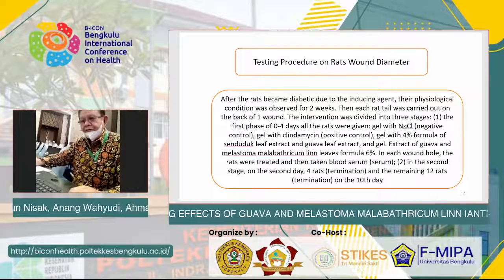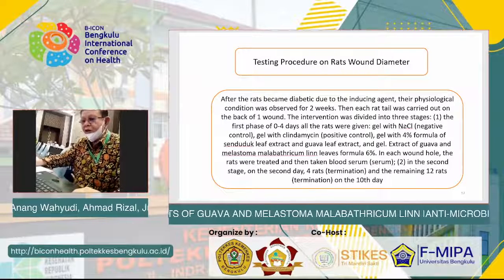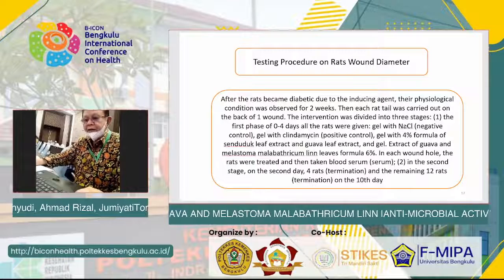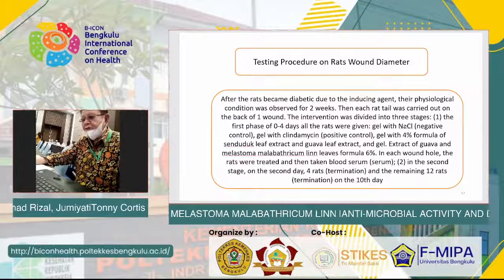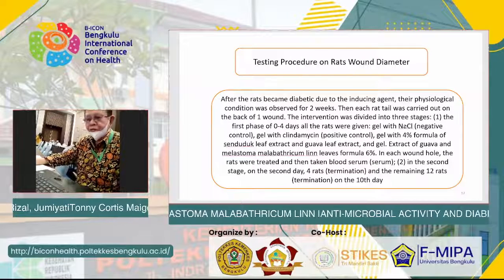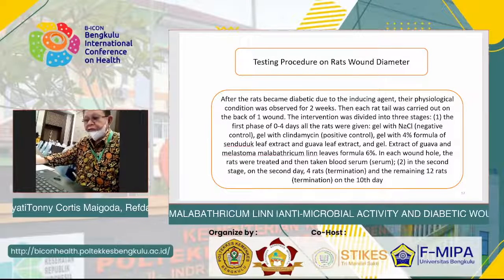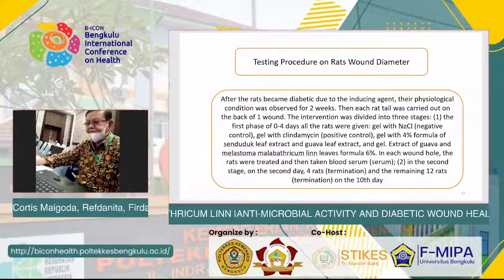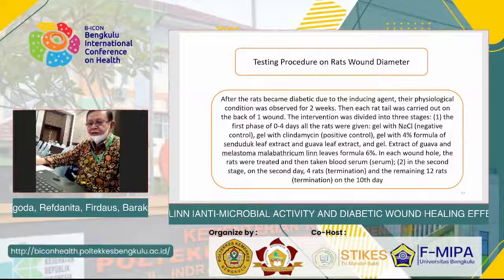Firstly, in the first phase of 0 to 4 days, all the rats were given gel with NaCl as negative control, gel with clindamycin as positive control, gel with 4% formula of senduduk leaf and guava leaf extract, and extract of guava and Melastoma malabathricum leaf formula 6%. In each wound hole, the rats were treated.